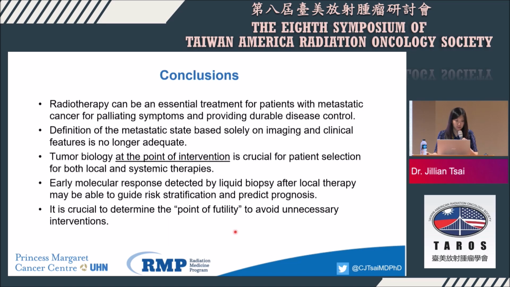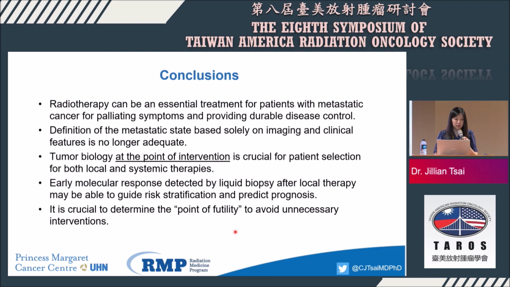In conclusion, radiation therapy can be an essential treatment for patients with metastatic cancer, not only for palliating symptoms, but also for providing durable disease control. The definition of the metastatic state based solely on imaging and clinical features is no longer completely adequate. The tumor biology at the point that we want to give them intervention is very crucial for patient selection.